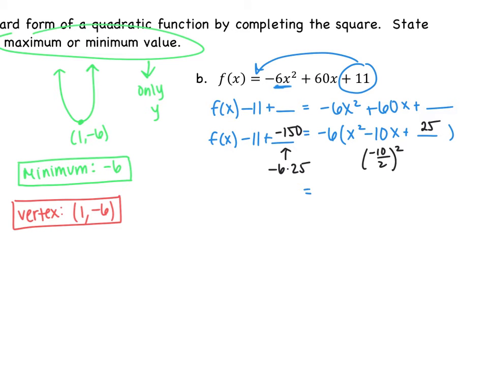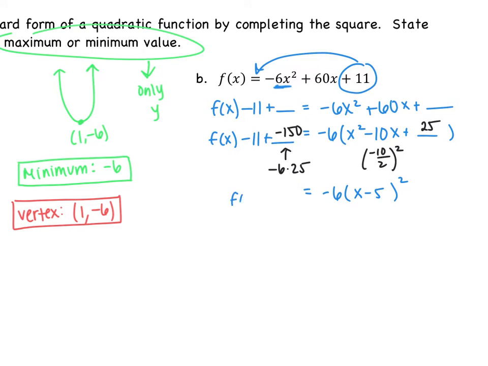And now we're going to proceed like normal. On the right side, this should factor. So two numbers that multiply to 25 and add to negative 10. Negative 5 and negative 5, like we said, should be the same number. So we get x minus 5 squared.